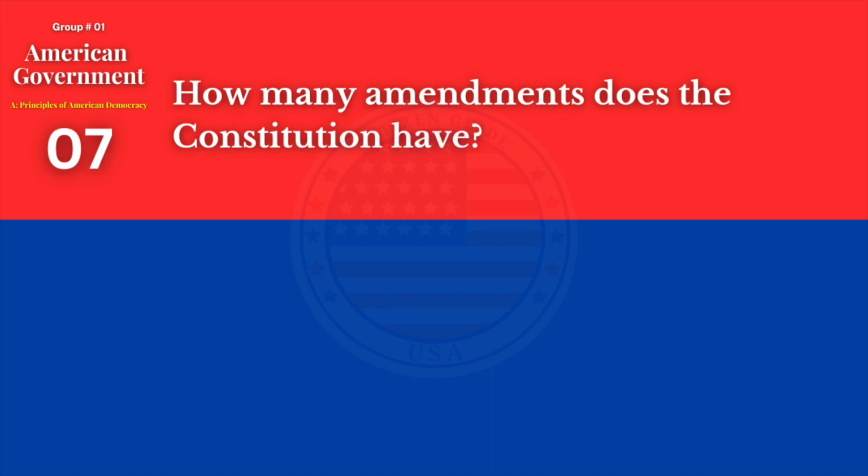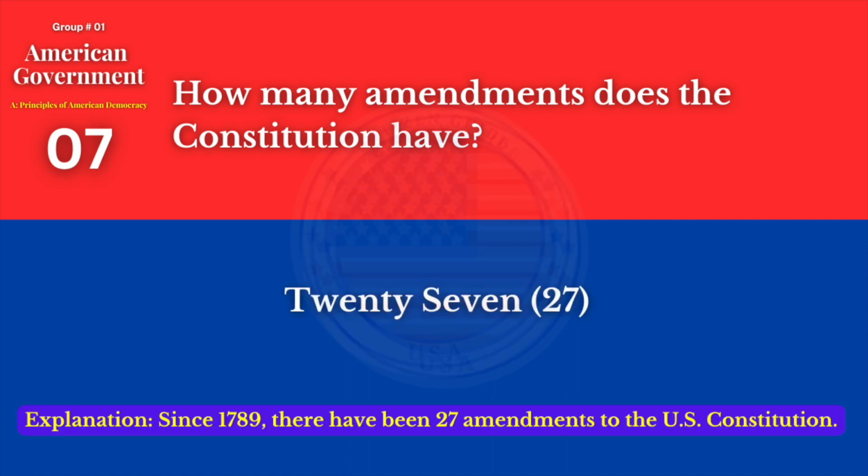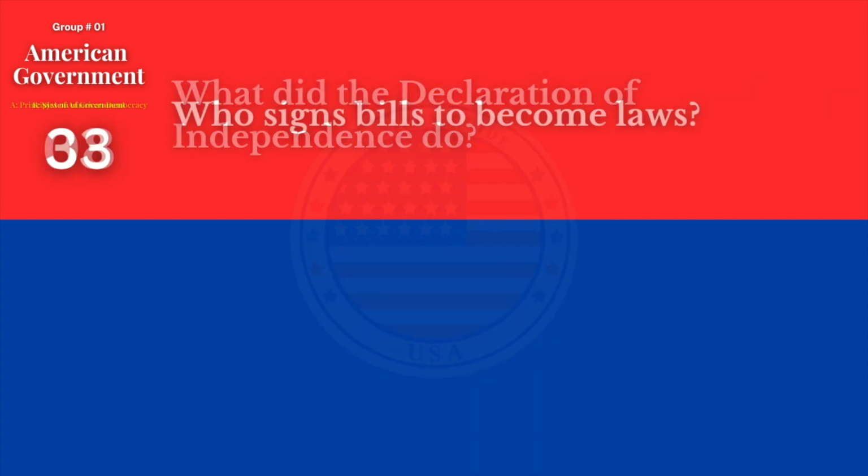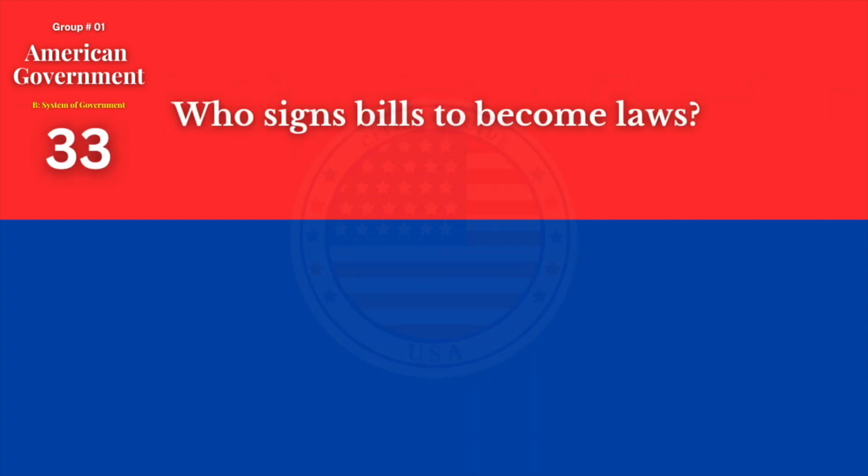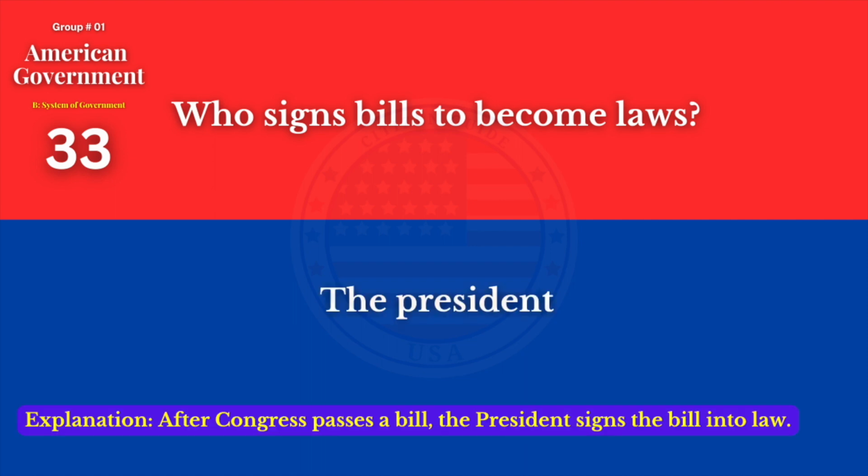How many amendments does the Constitution have? 27. Who signs bills to become laws? The President.